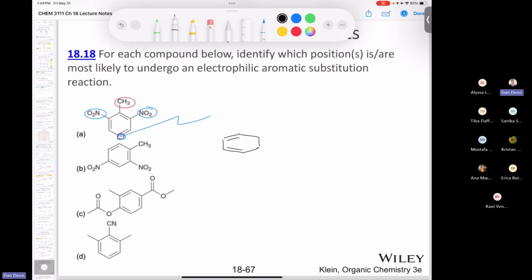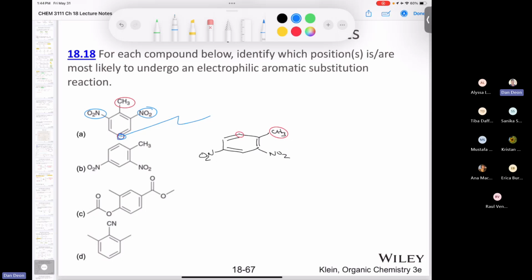So the way they drew it was like this. So I have my methyl group here, which is a weak activator. I have my nitro groups, which are strong deactivators. Okay, so let's figure this out. Now the methyl group is stronger. So even though it's weak, it's still stronger than any deactivator. So it's directing to the ortho position and the para position. But remember that two of those positions already have substituents, so it's only really directing to this position.